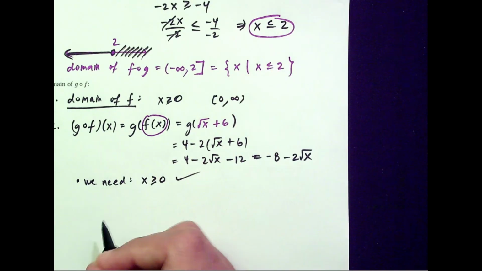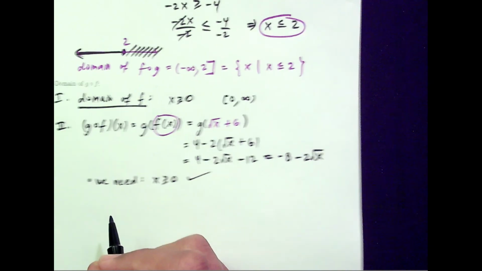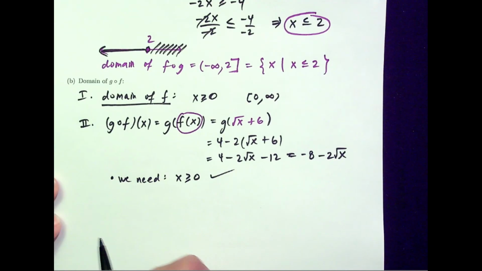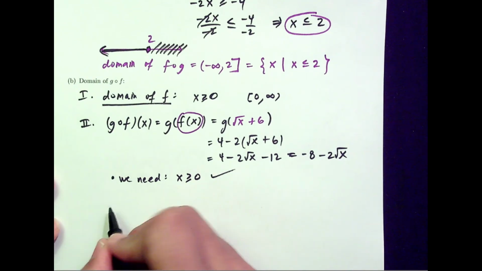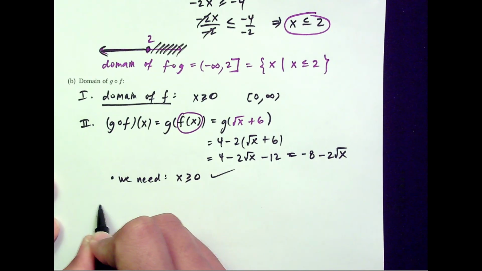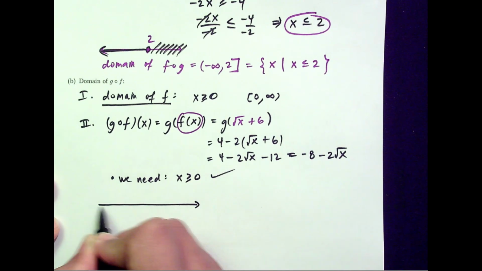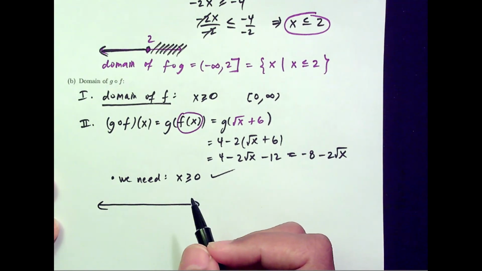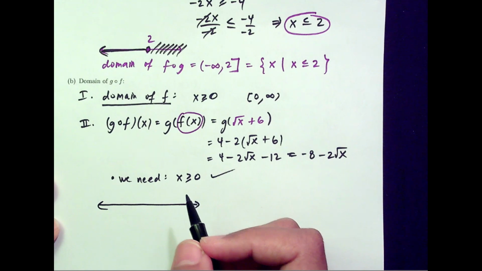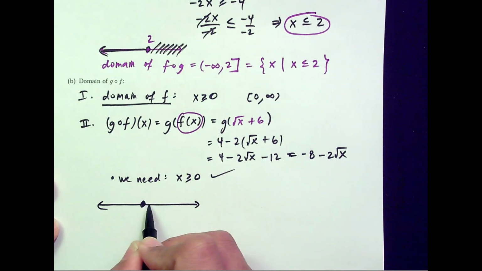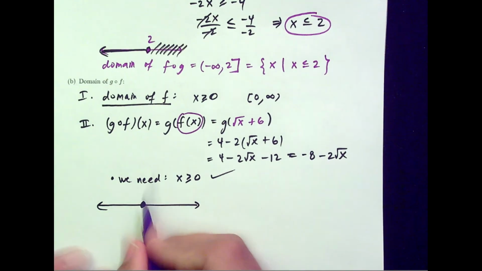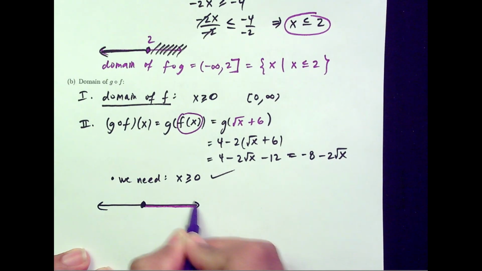And now we are done with the first two steps. Now we're going to put these two together. We can now give the answer. The answer is, in the real line, we can only use numbers that are bigger than or equal to 0.